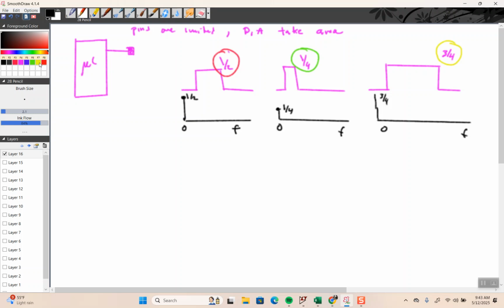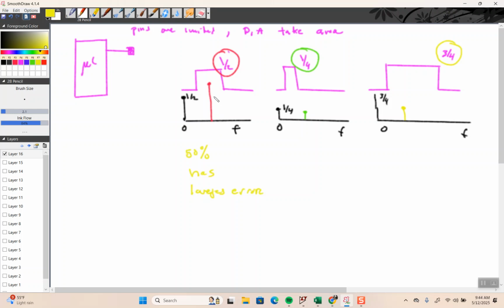Now, the 50% duty cycle has the largest error, the largest ripple, because its first harmonic is the largest.